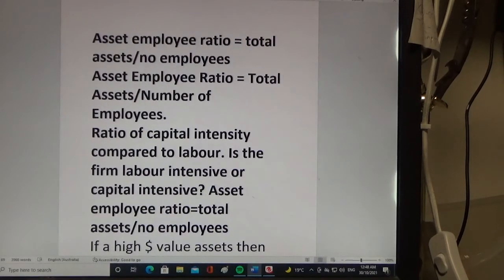Let's try and unpack this. It's how employees combine with capital, but perhaps a capital to labour ratio from economics, to give effective results for the company.